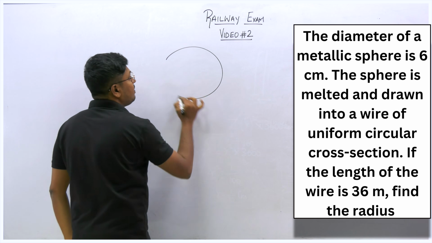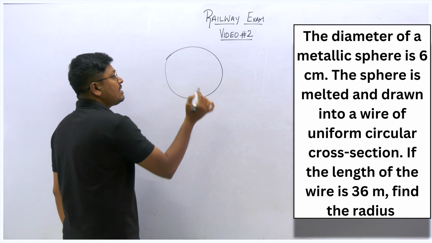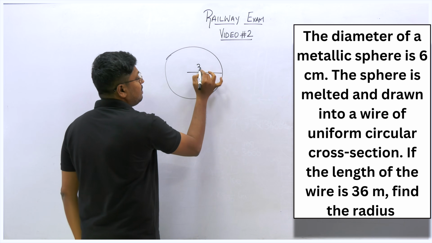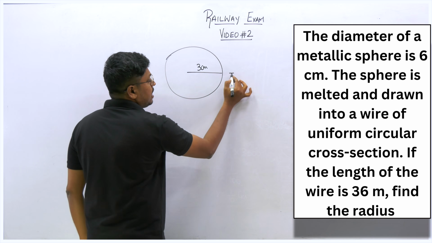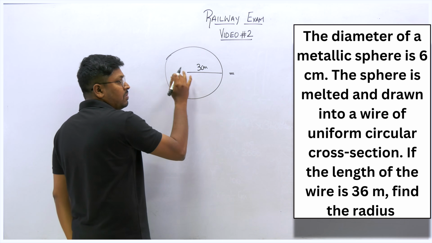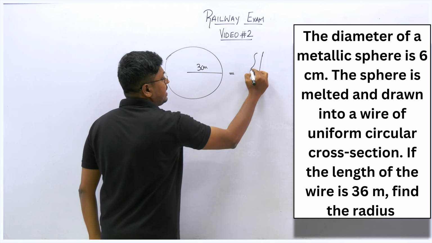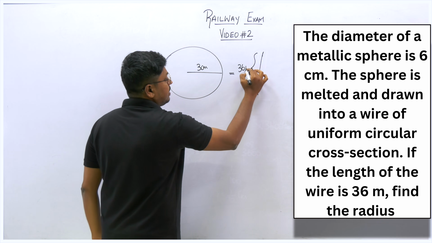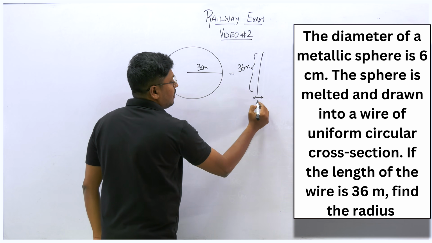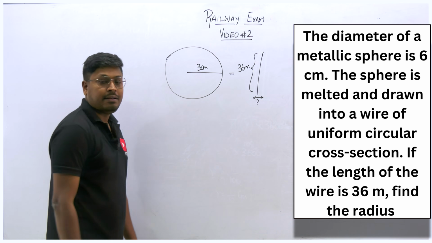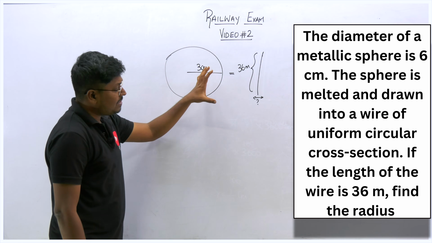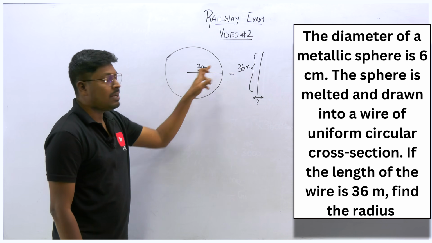The sphere has been given with a diameter of 6 centimeter. So radius will be 3 centimeter. By using the volume of sphere, our target is to make a cylinder. For that cylinder, height has been given as 36 meter and our target is to find the radius of the cylinder. First, see whether you can convert this meter into centimeter.